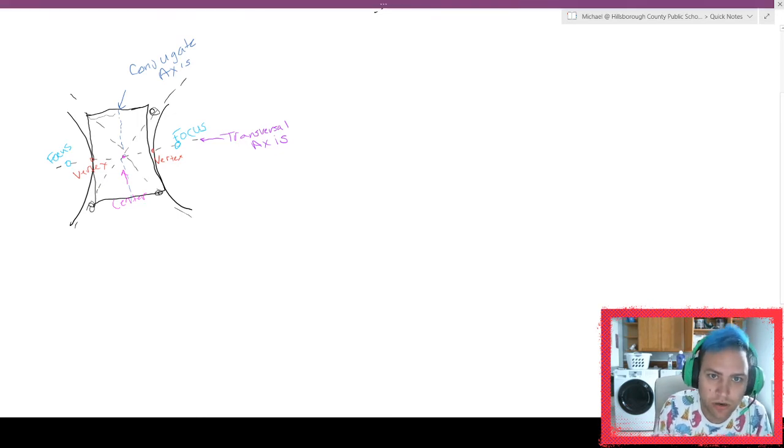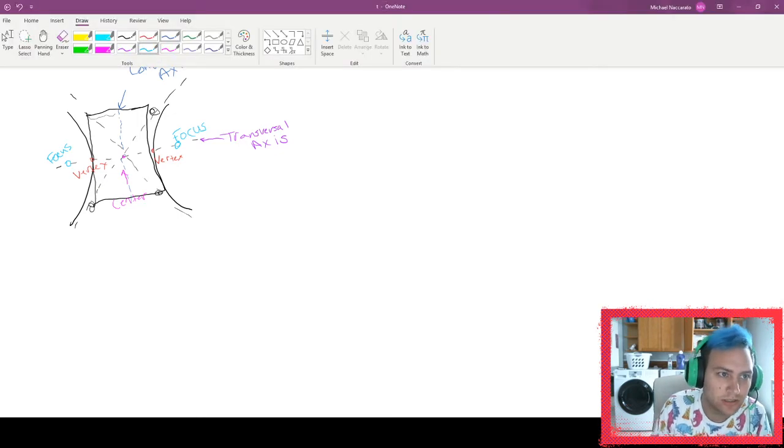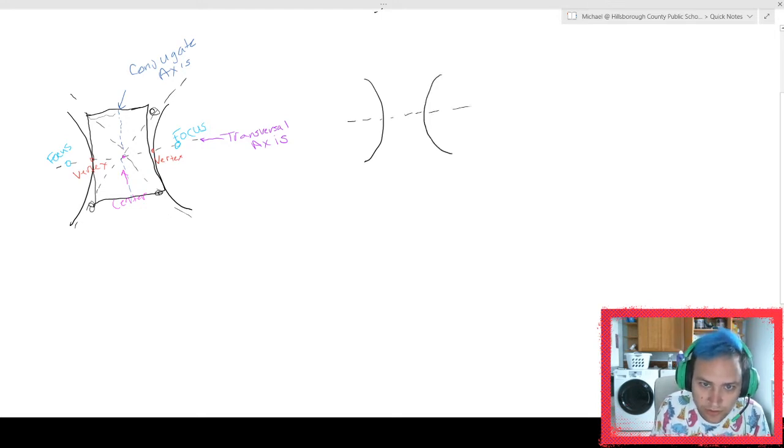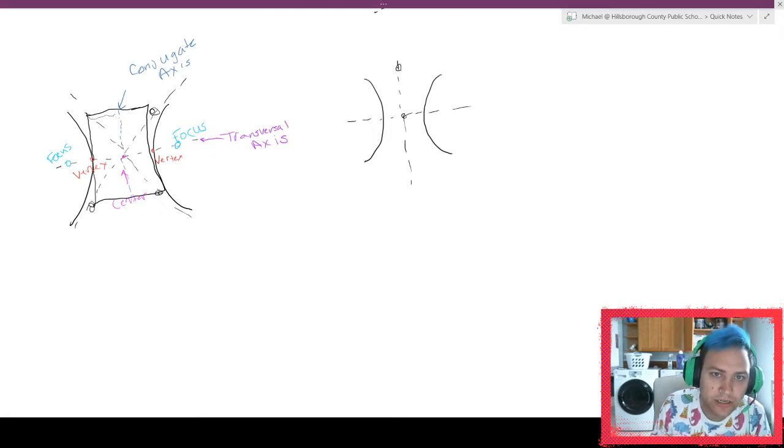So let me draw this one more time over here, just to make it make a little more sense, because it's going to be kind of important. Here, and then we know that we have this axis that goes up this way. Okay, so our pieces here that we need to know are letters.